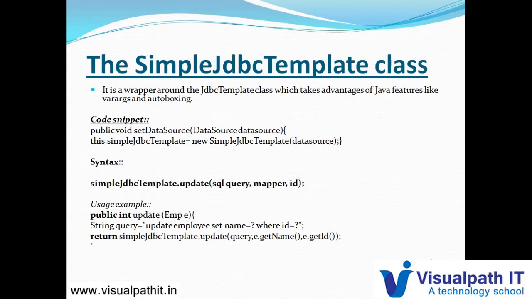That is how it is used. We are returning the SimpleJdbcTemplate with the name, ID and the return of the employee update query. We also use queryForObject in this case.